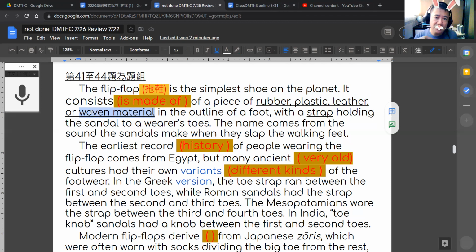So this really highlights the importance of knowing 单字. If you know more vocabulary, then you wouldn't have any problems with this, right? So first of all, it is made of a piece of these things: rubber, plastic, leather, or woven material in the outline of a foot.